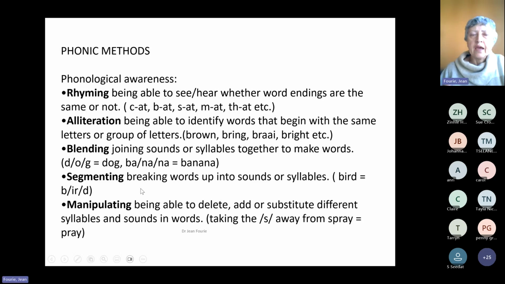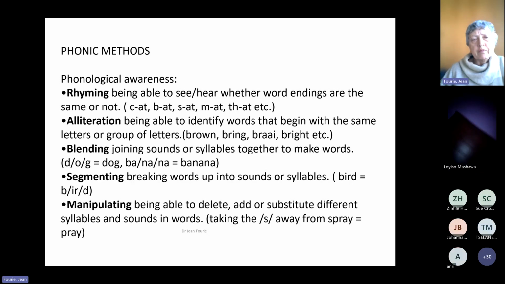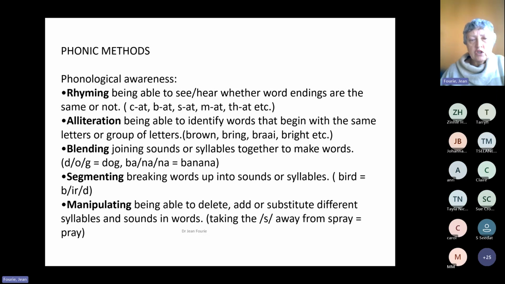Segmenting, where we break up a word into sounds. We say, what sounds can you hear in the word bird? And the child should be able to say b, ir, d. And so doing a lot of these manipulations as well. When you're manipulating sounds, you're deleting, adding, or substituting different sounds.